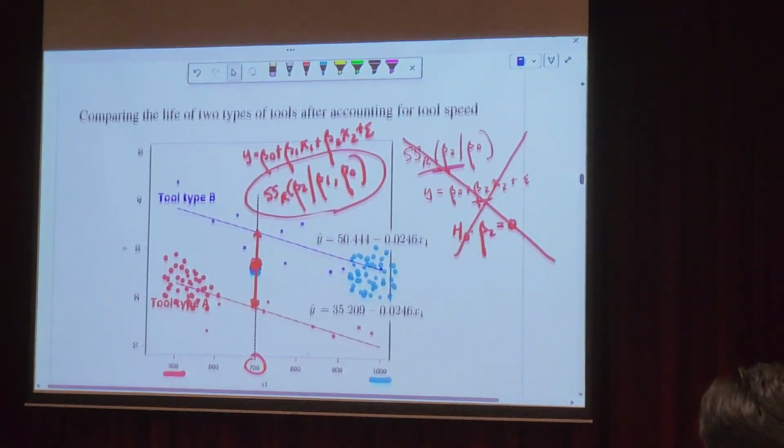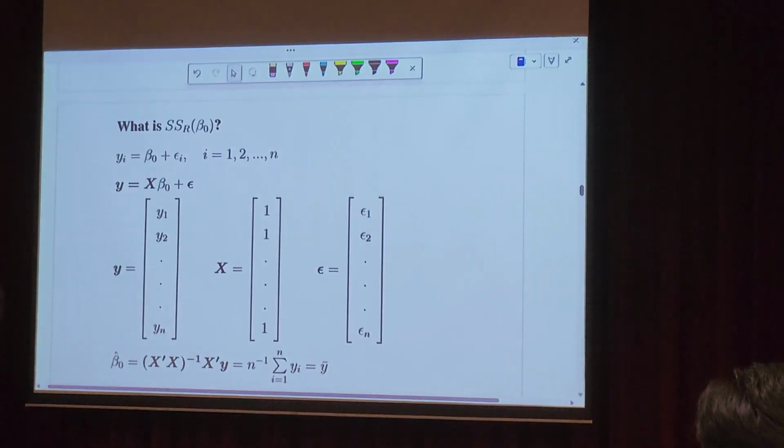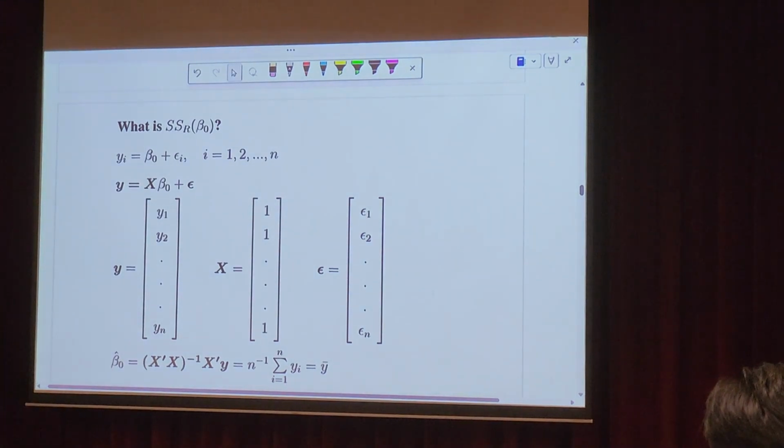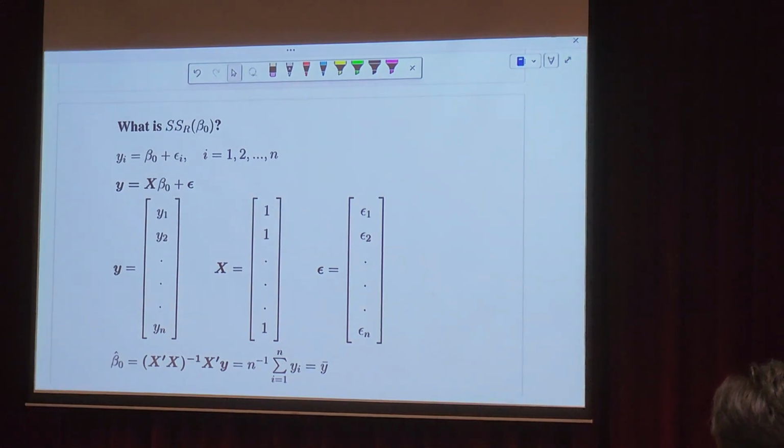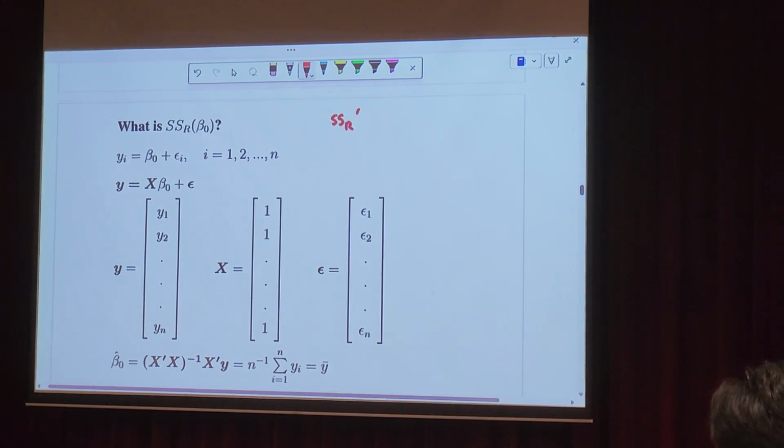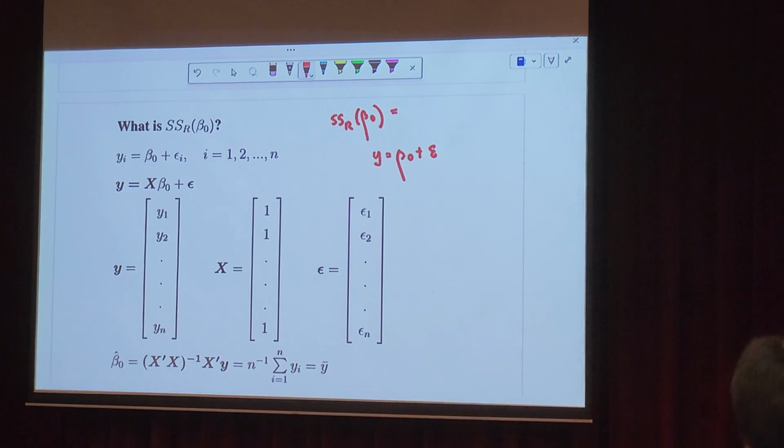All right. So what's next? What's next is we need to understand what SSR beta naught is. SSR beta naught is obtained by fitting this model, and you can work it out to be n y bar squared.